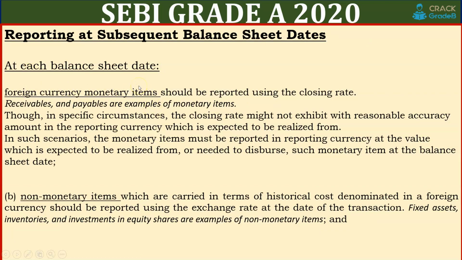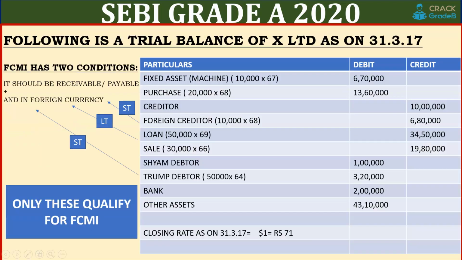Now first we need to know what are monetary items and what is the treatment for them. This is the same trial balance that I have showed you before, and we will first know what the monetary items are in respect to the foreign currency. It has two conditions. It should be either a receivable or payable, and second, it should be in foreign currency.